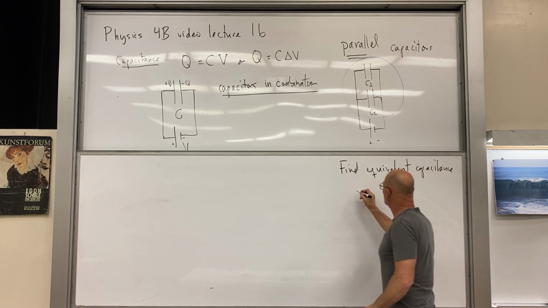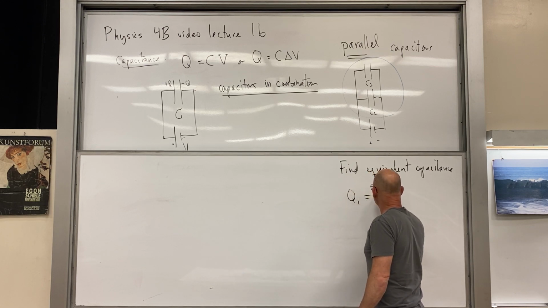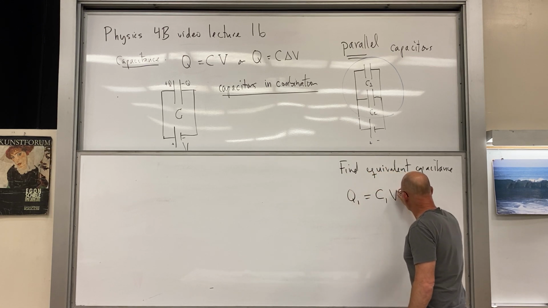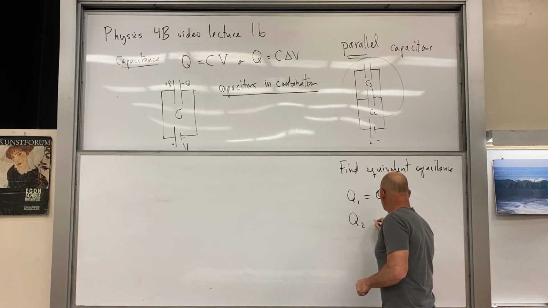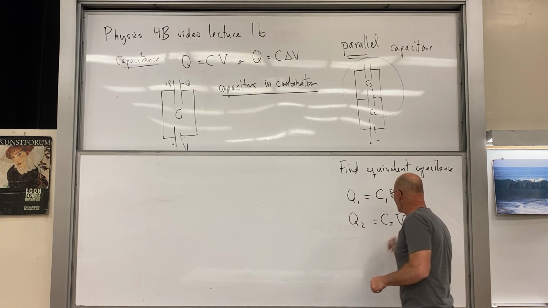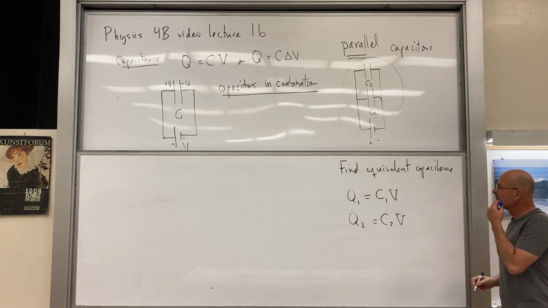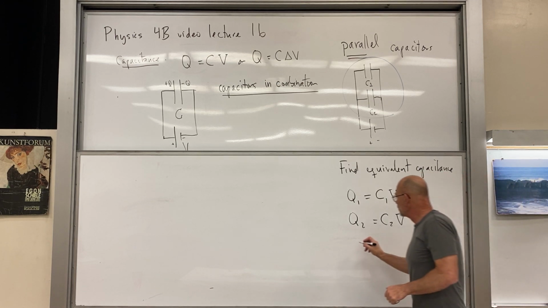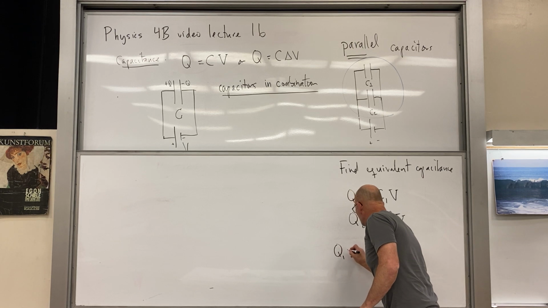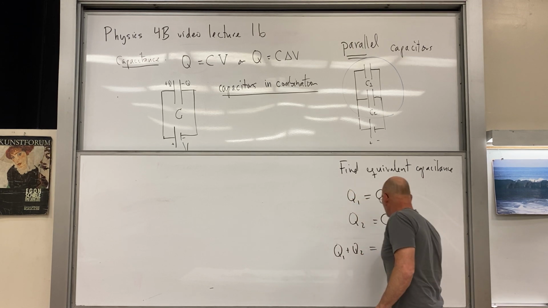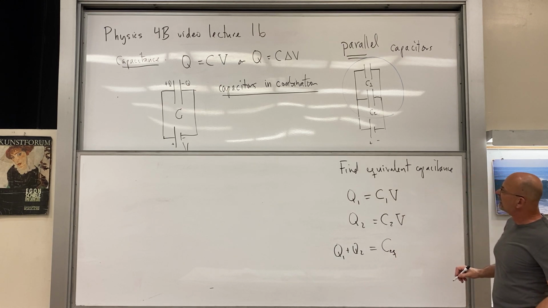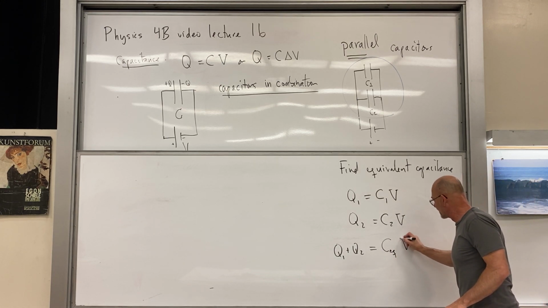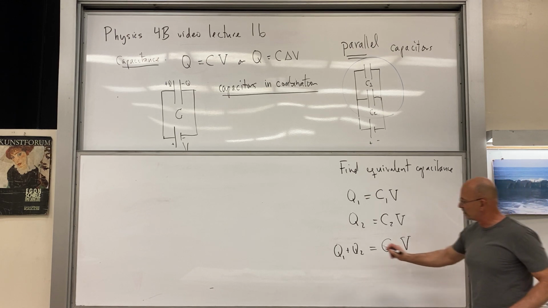So we have Q1 equals C1 times V, right? They both have the same voltage. Q2 equals C2 times V. And therefore, Q1 plus Q2 equals C equivalent times V. Okay. So I can put parentheses, right?